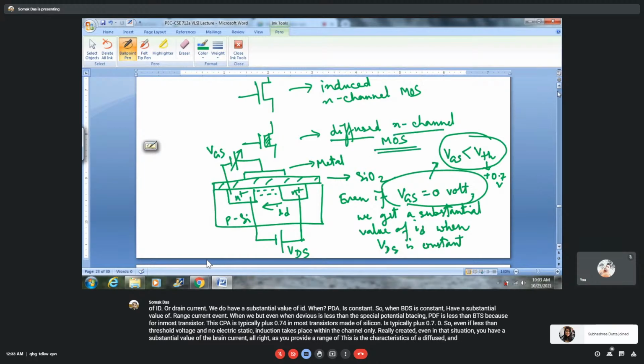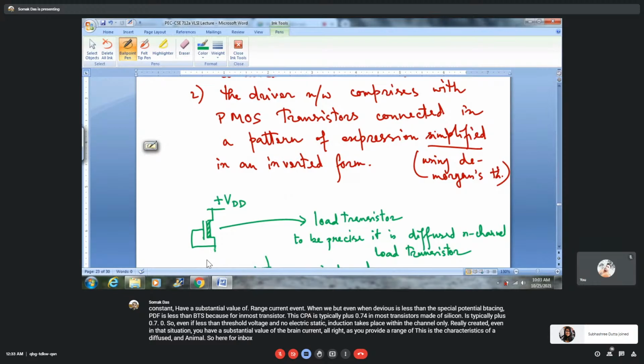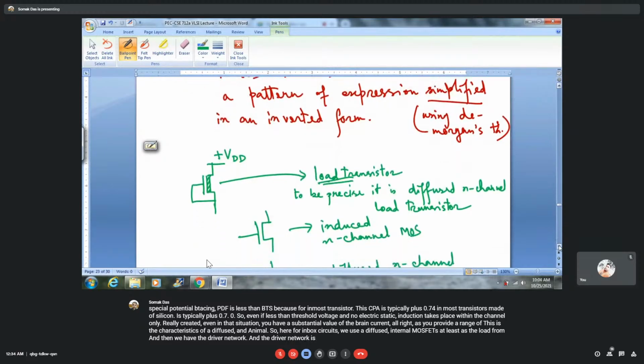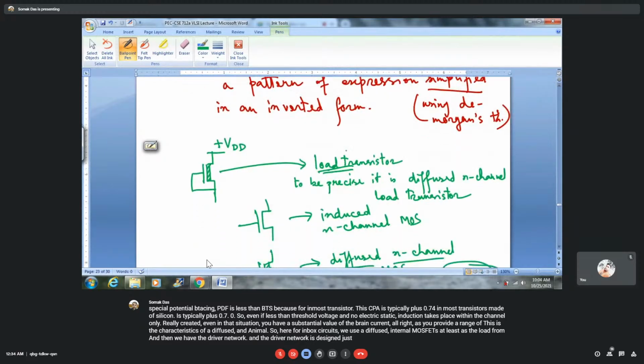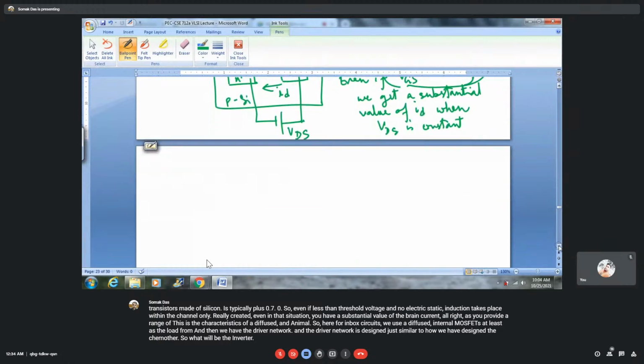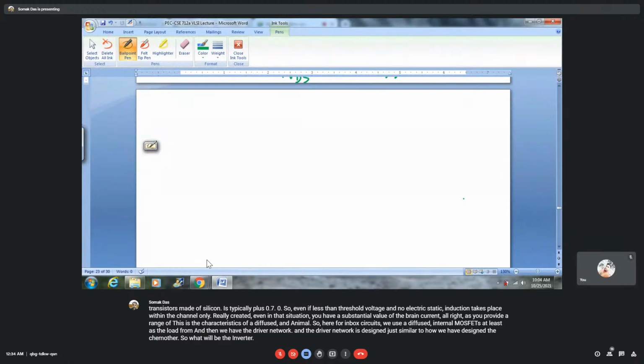So here for the NMOS circuit, we use a diffused N-channel MOSFET as the load transistor. And then we have the driver network, and the driver network is designed just similar to how we designed the PMOS circuit. So what will the NMOS inverter look like? It will look something like this.